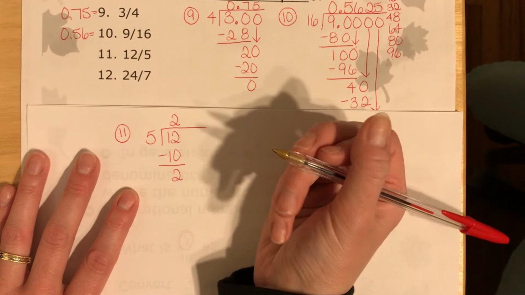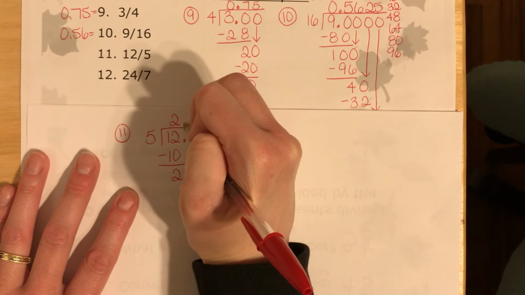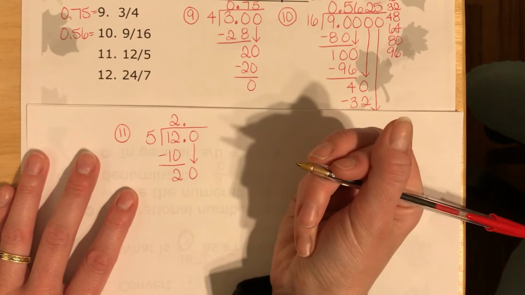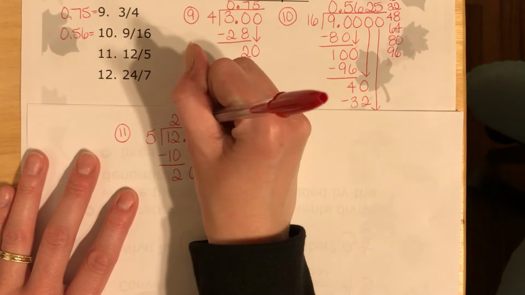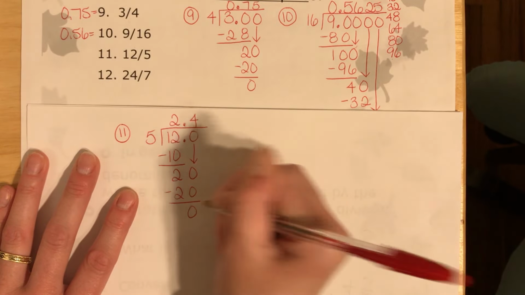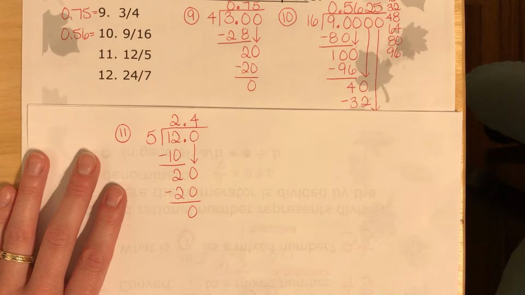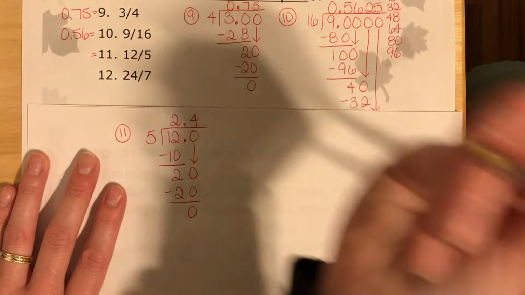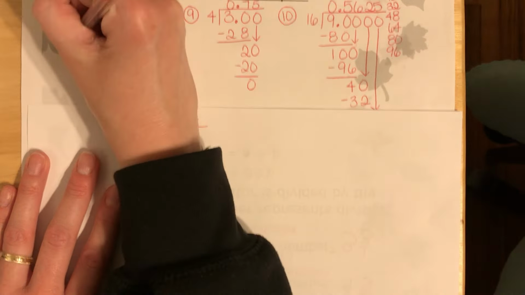Remainder of 2. Add decimals. Add a 0. Bring it down. 5 can go into 20 4 times for exactly 20. So I don't have a remainder. So 12/5, which is an improper fraction, gives me a decimal value of 2.4, larger than 1.